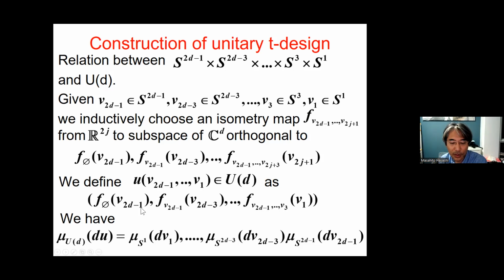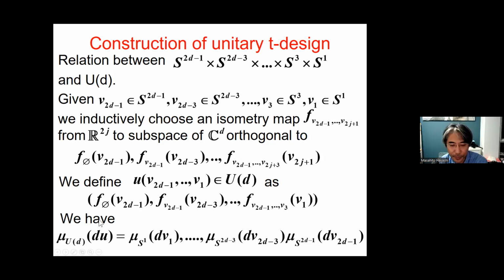So in this sense, we firstly choose this one. The first one is an element of the 2D-1 sphere, and the second one is in the 2D-3 sphere, and based on this sequence of vectors, we define the unitary in this way. Because this one and this one are orthogonal, and the second one and the third one are also orthogonal, this forms a unitary matrix.